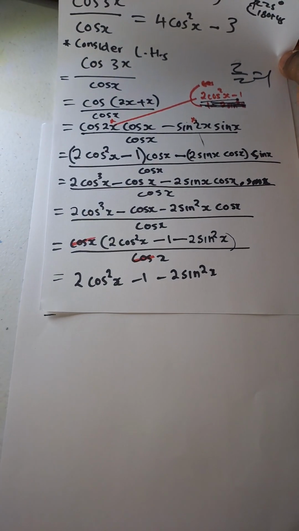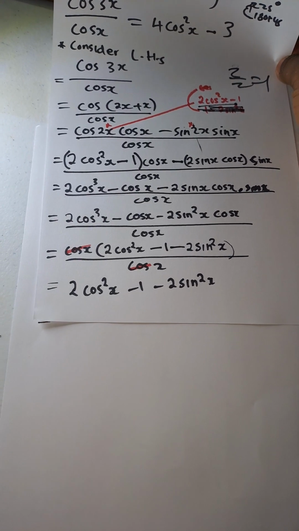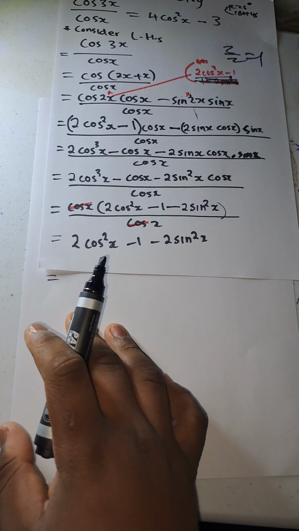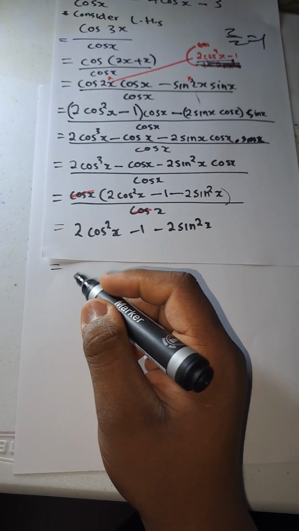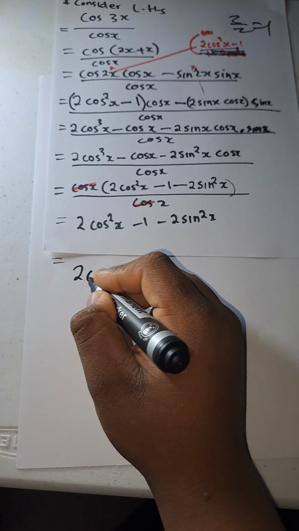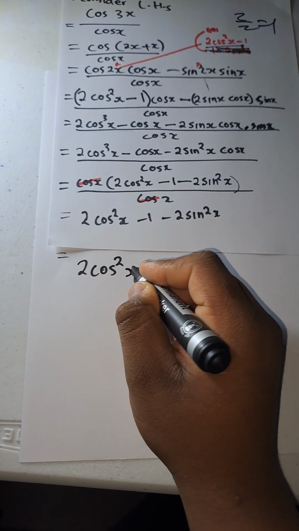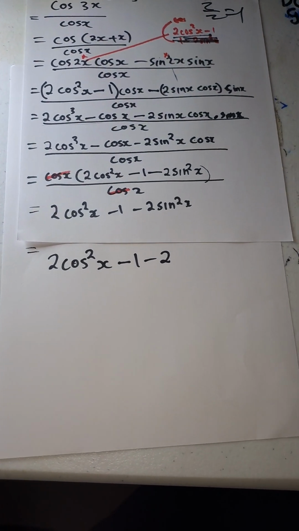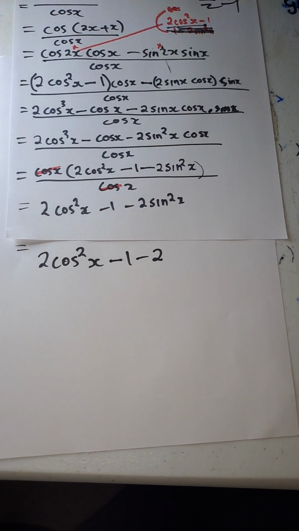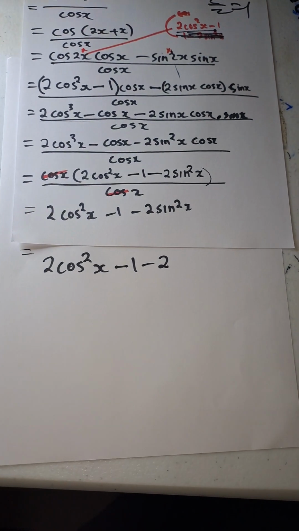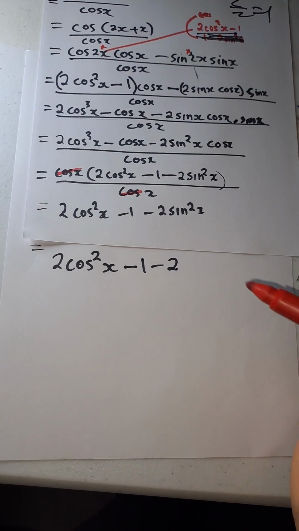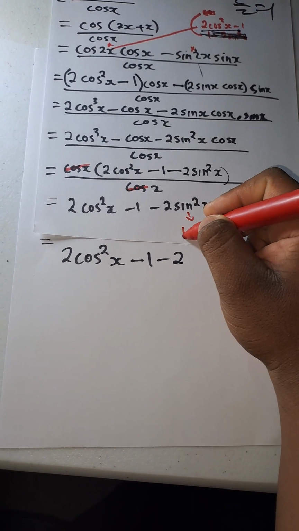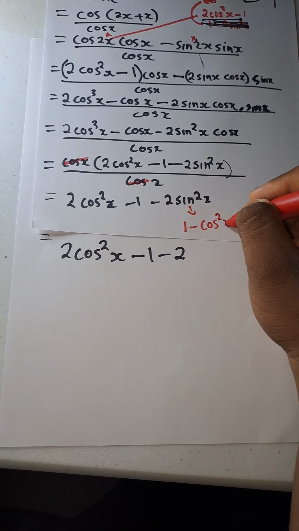If you check the proof, they're saying that it must be 4 cos squared x minus 3. So the first value must be cos squared x. So let's leave it like that, because you are trying to be smart now. Minus 1 minus 2. But what do you know about sine squared x? I know from my grade 11 that sine squared x is the same as 1 minus cos squared x.